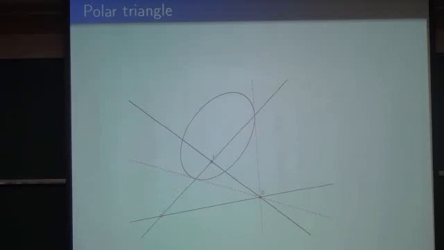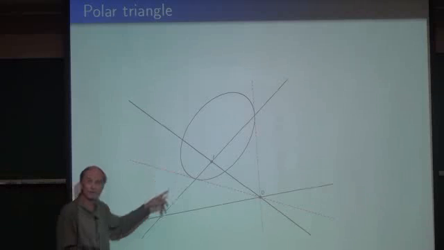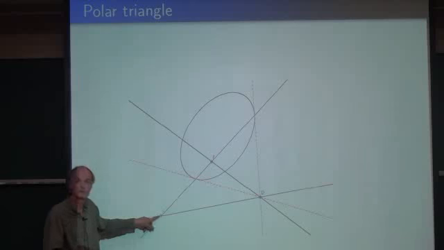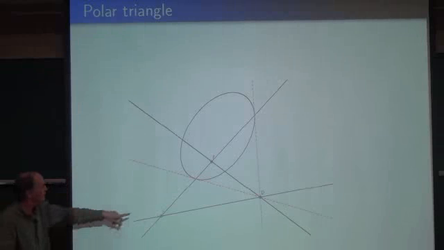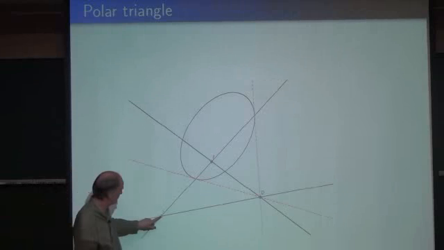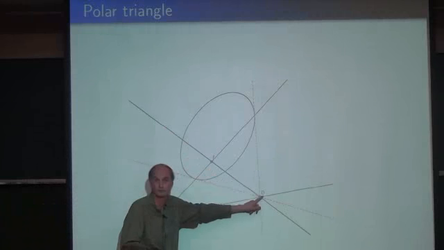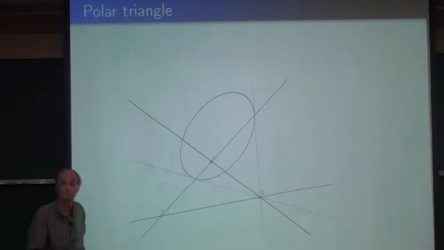Okay. Now I take my second point over here on the polar of the first. And then the result is that the polar of the second point is a line that passes through the first pole. See that?